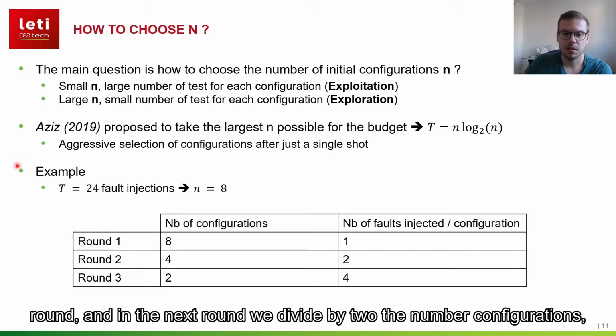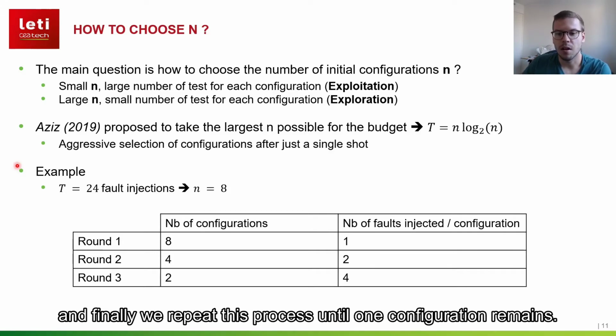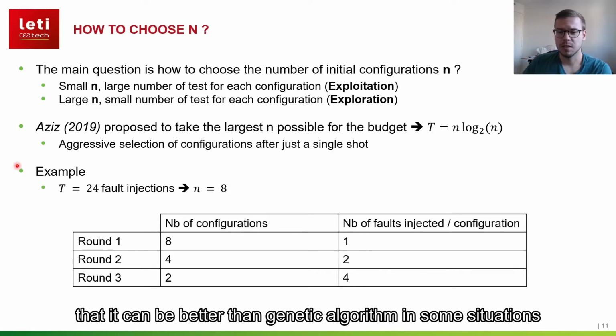In the next round, we divide by 2 the number of configurations, keeping only the best ones, and we increase the number of tests. And finally, we repeat this process until one configuration remains. So this algorithm is simple to implement, but yet we will see that it can be better than a genetic algorithm in some situations.